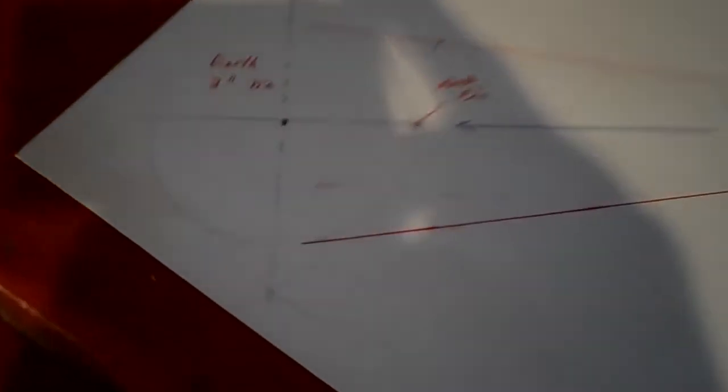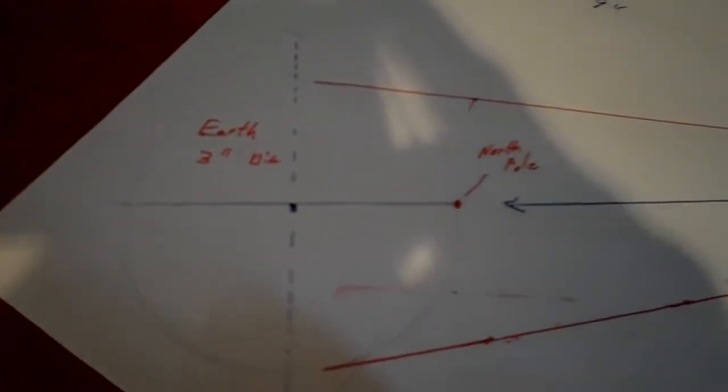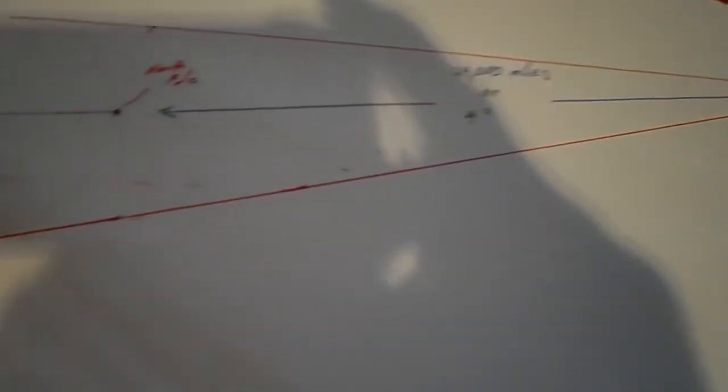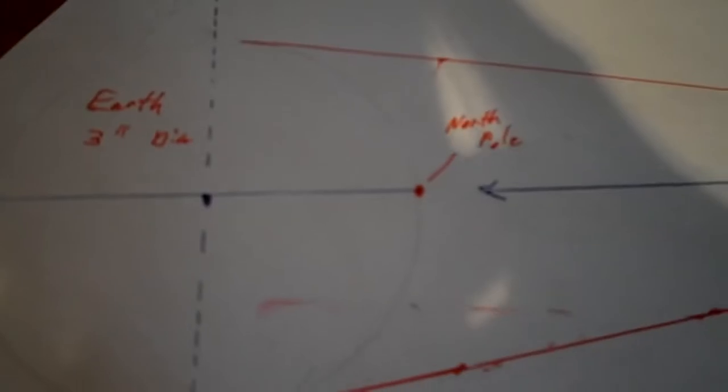So here's my Earth with the North Pole. It's 3 inches in diameter. And over here is my satellite. And if you draw a line, what it could see, it falls short of the equator. Okay, on both sides.